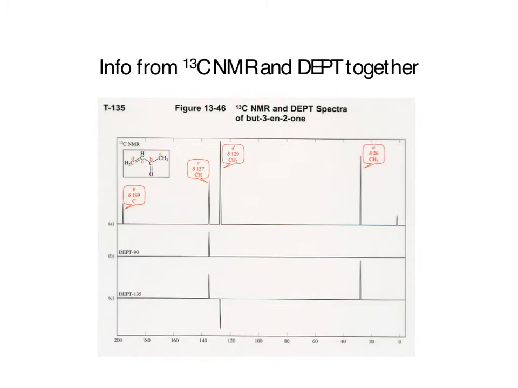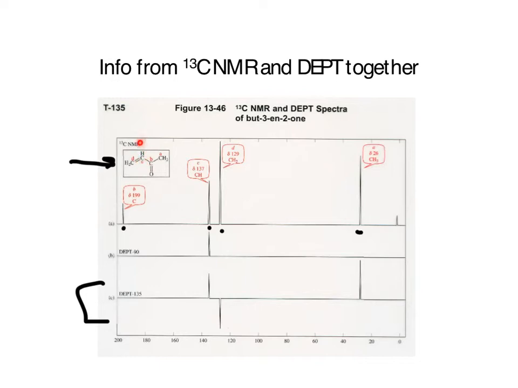Here, if we take a carbon NMR of this compound, which is methyl vinyl ketone, we have 4 carbons. 1, 2, 3, 4. In the DEPT, this is what we're looking at. Carbon B there has no hydrogens on it, so it will not show up in the DEPT. Carbon A has 3 hydrogens, so it shows up and points up.